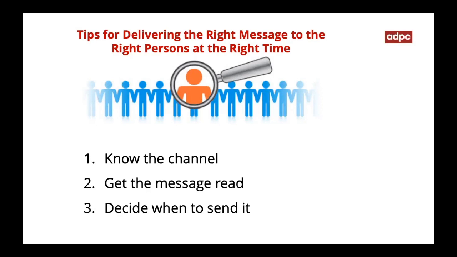So let's start with knowing the channel. You need to know where you'll be sending the message. It's interesting that I've seen some of your outputs in your discussions, in your initial output for the risk communication plan. You have good messages, but the question is, where will you be sending those messages?